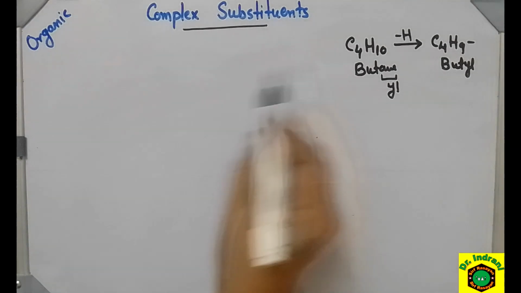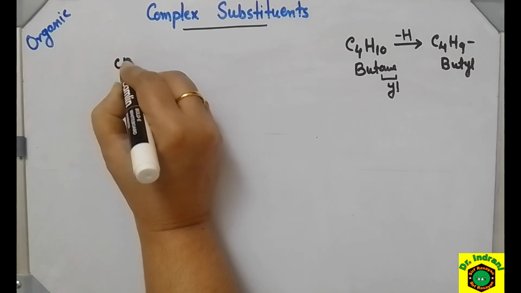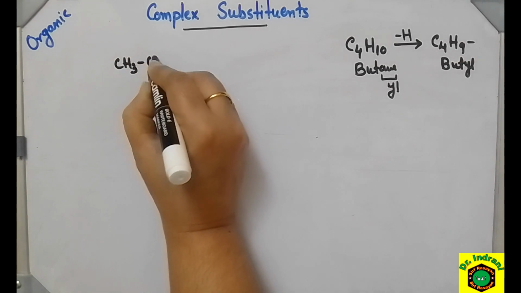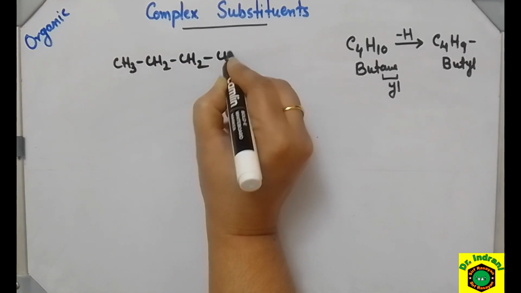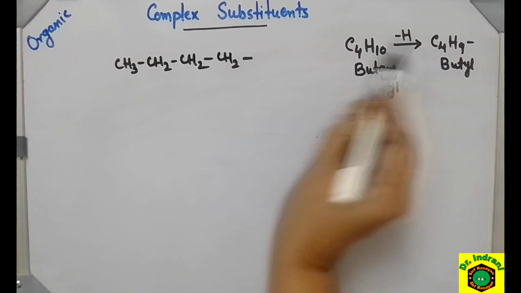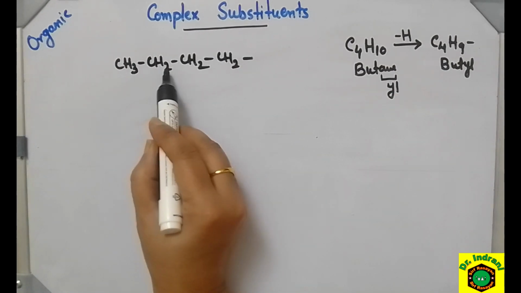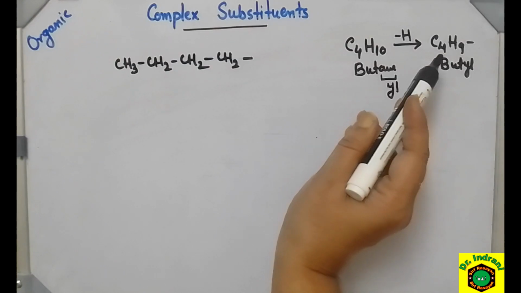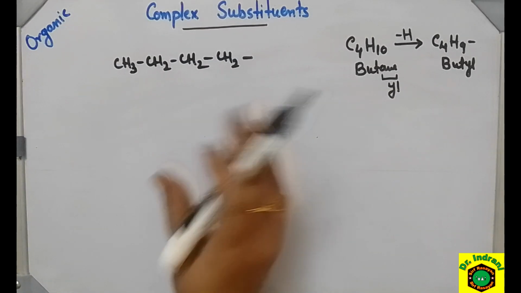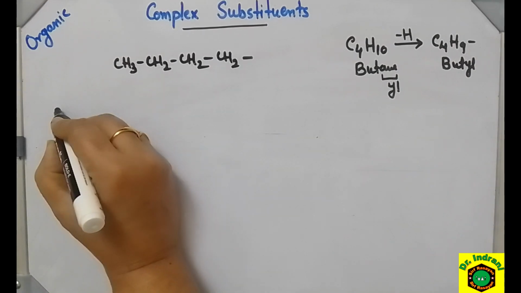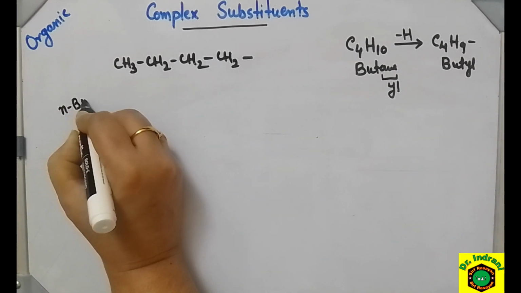Now see if the structure is like this: CH3, CH2, CH2, CH2. See, 4 carbon atoms and 9 hydrogens are there. So this is called butyl, or the common name is N-butyl.